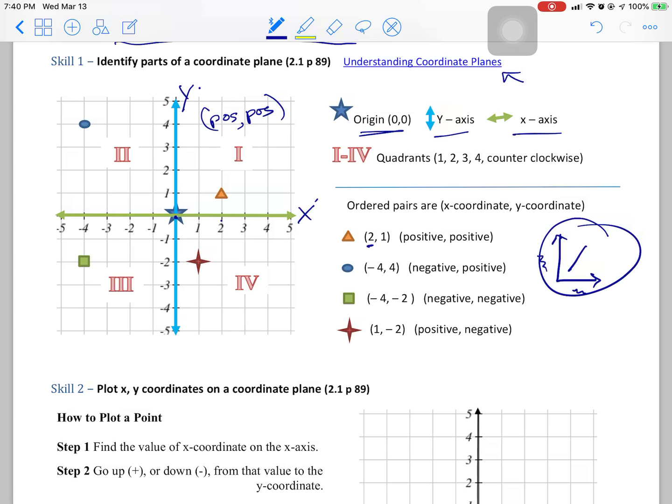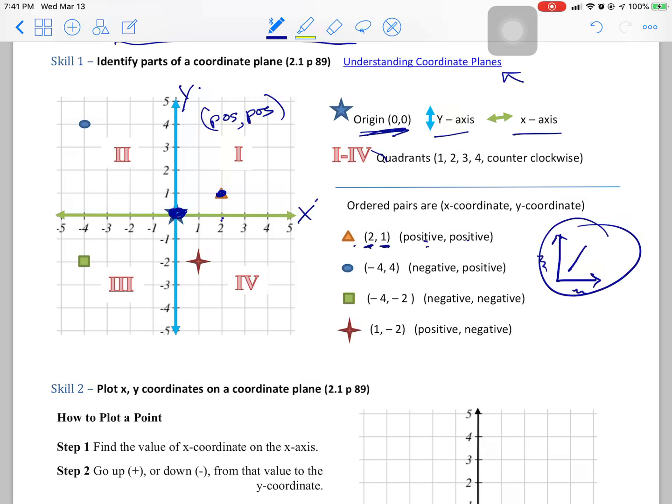You're going over 2 and then up 1. That's the one point. This is two-dimensional, so it needs 2 numbers to identify this one point. And they're both positive numbers, so they're in quadrant 1, which is positive.